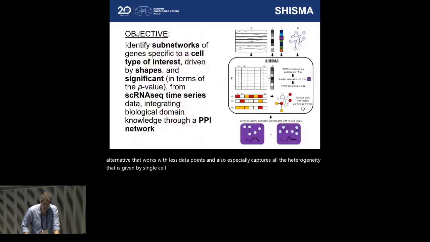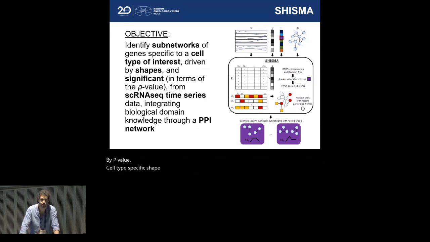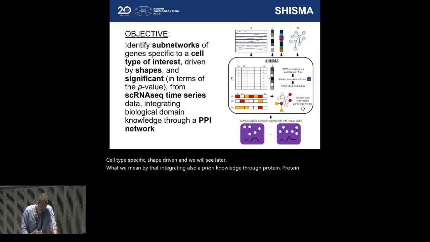So we present SHISMA, which has this objective: identifying subnetworks that are significant, given by a p-value, cell-type specific, and shape-driven, and we will see later what we mean by that, integrating also a priori knowledge through a protein-protein interaction network.